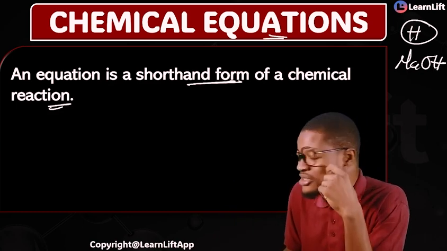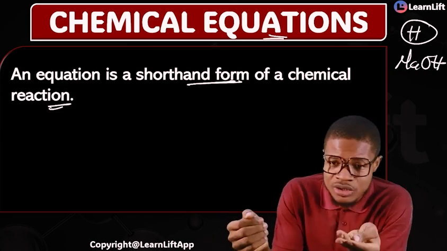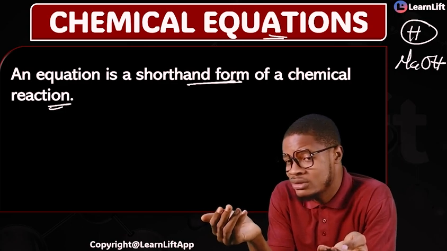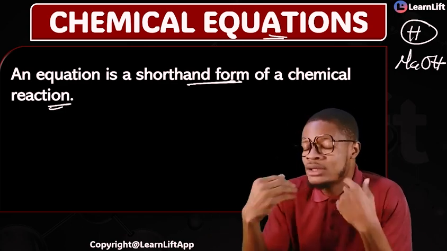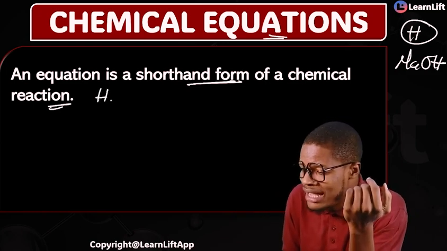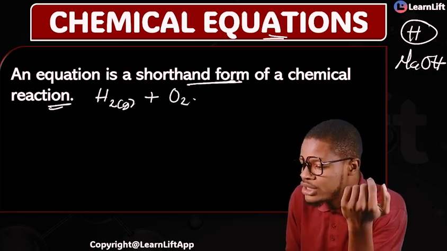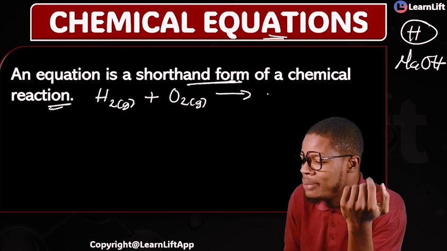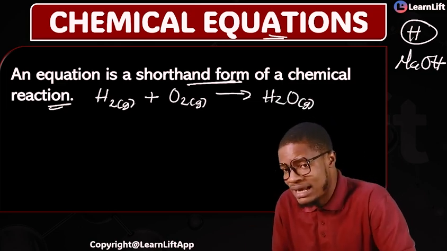Reaction. For example, I just tell you that when hydrogen reacts with oxygen, water is formed. What I've just said is a chemical reaction. But how do we represent it? Very simple. Hydrogen gas reacts with oxygen gas, and H2O is formed, probably as gas.